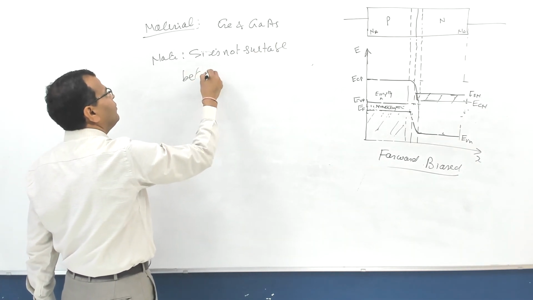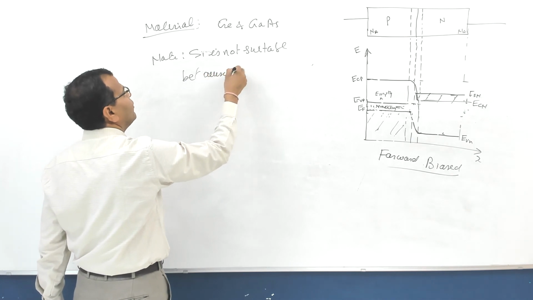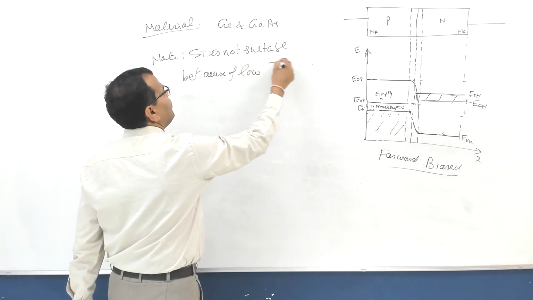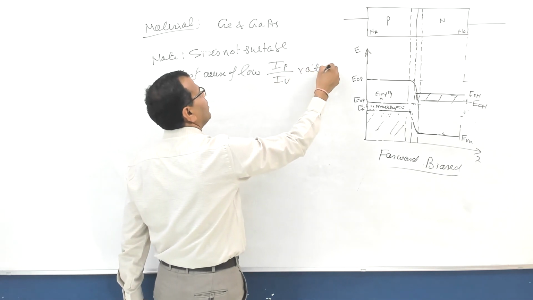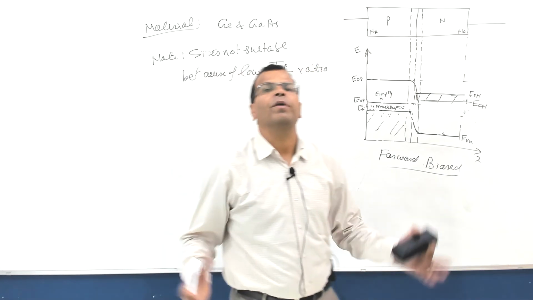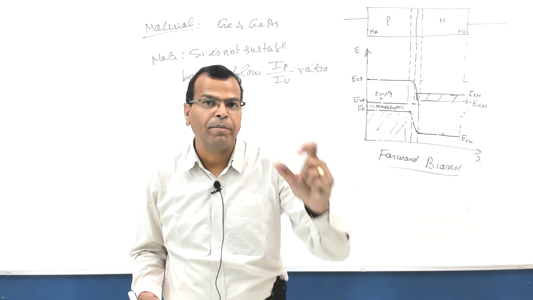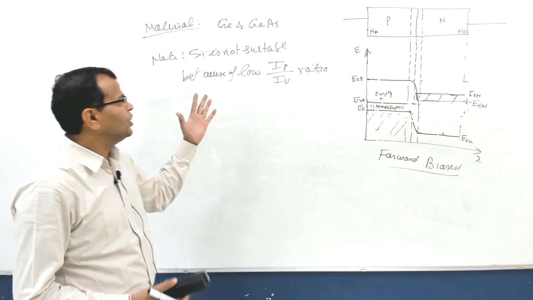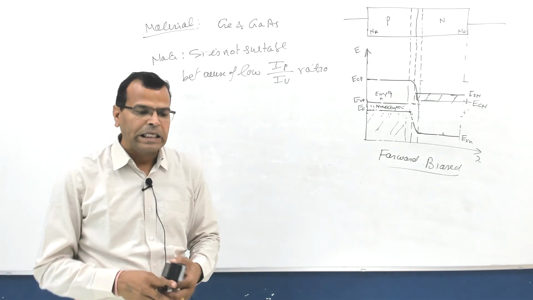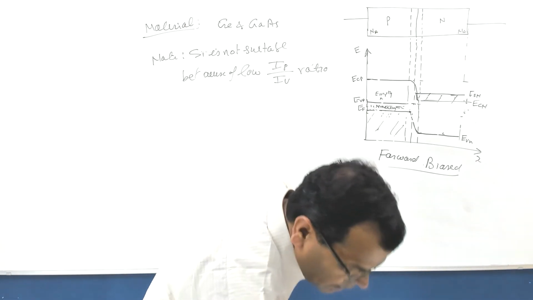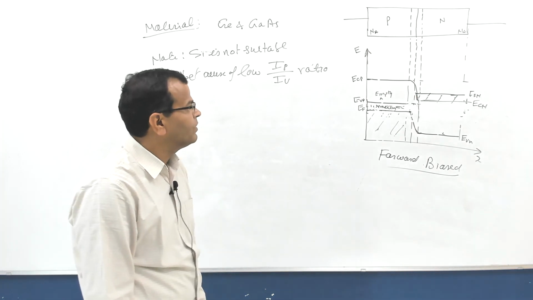Because of low peak to valley current ratio. So silicon is not used for fabrication of tunnel diode. It is germanium and gallium arsenide which are used for fabrication of tunnel diode. Fine. So these are some of the important points of tunnel diode.